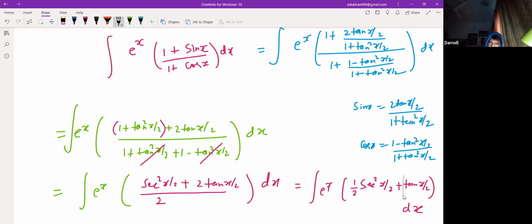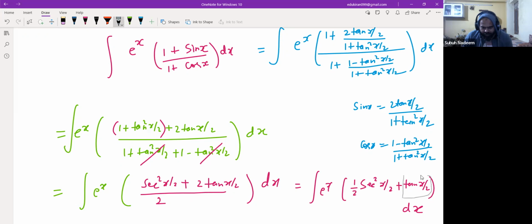Now this tan x by 2, if taken as f x, then its derivative is sec square x by 2 into half, that is the coefficient of x by linear extension. This will be f dash x. Tan x derivative is sec square x, so tan x by 2 derivative is sec square x by 2 into half, the coefficient of x, which is half, will be multiplied. So the final answer will be e to the power x tan x by 2 plus c.